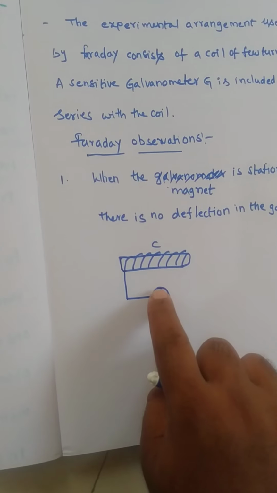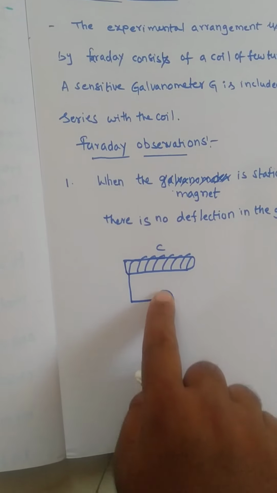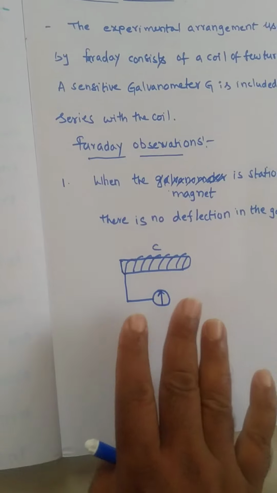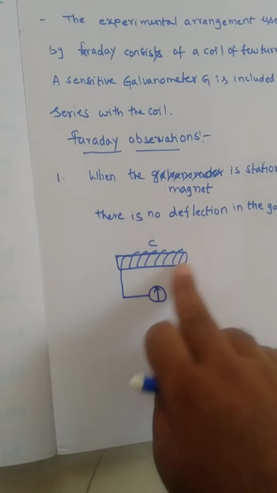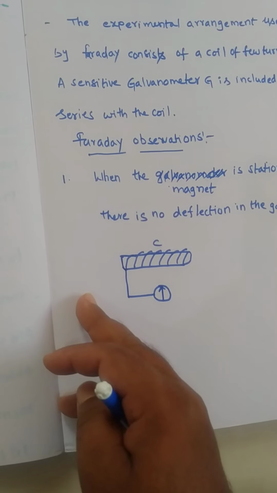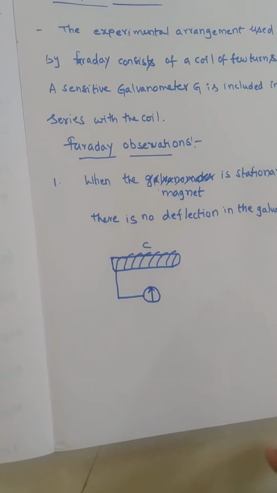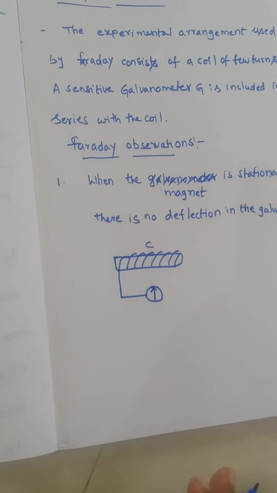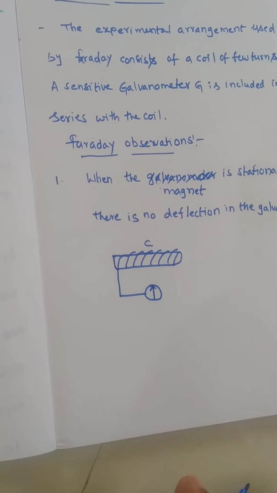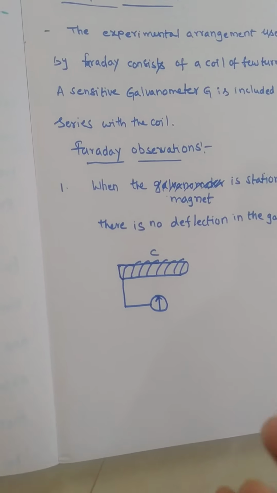Whenever there is a deflection, it means the current is deflecting. If it is straight, there is no deflection, it will be stationary. If it moves to the right side or the left side, it is a deflection in the galvanometer.